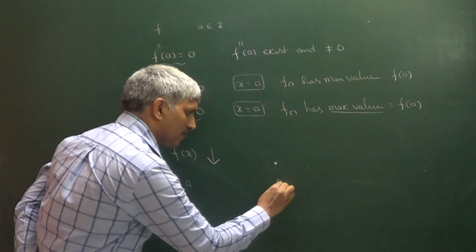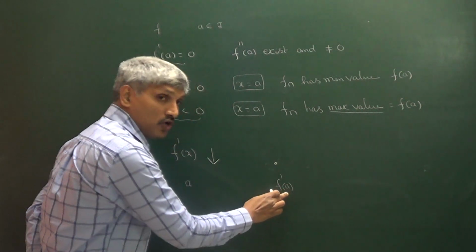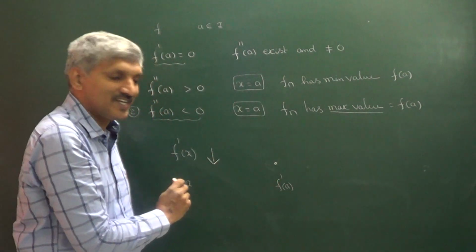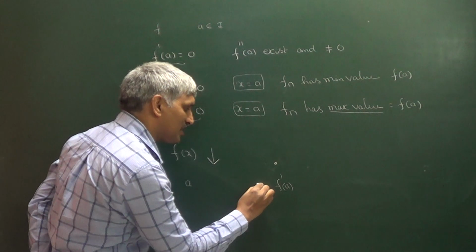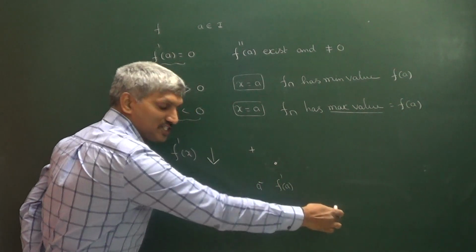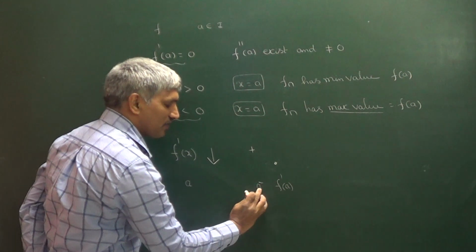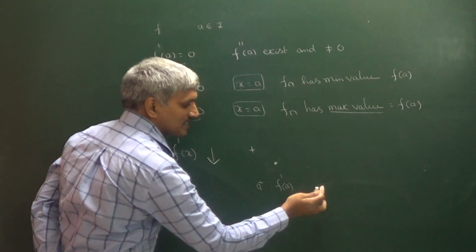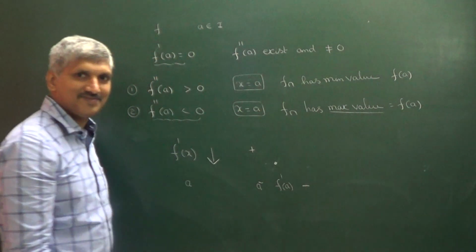But when it is a decreasing function, to the left side of a it must be positive, and to the right side of a it must be negative.